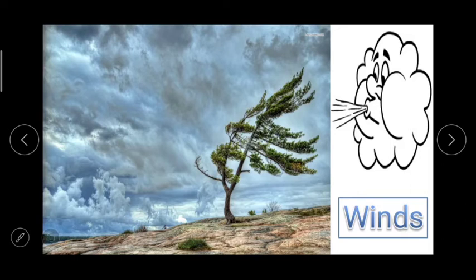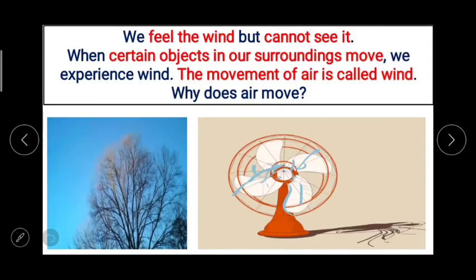Now in this topic we are going to discuss the winds and the types of winds, and also the cyclones. So here we will start now with the winds.